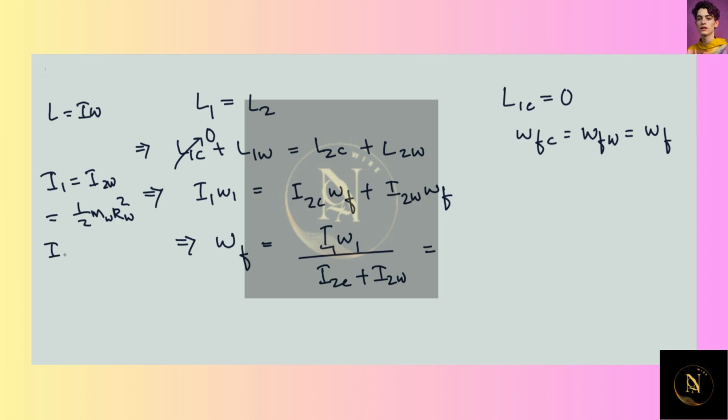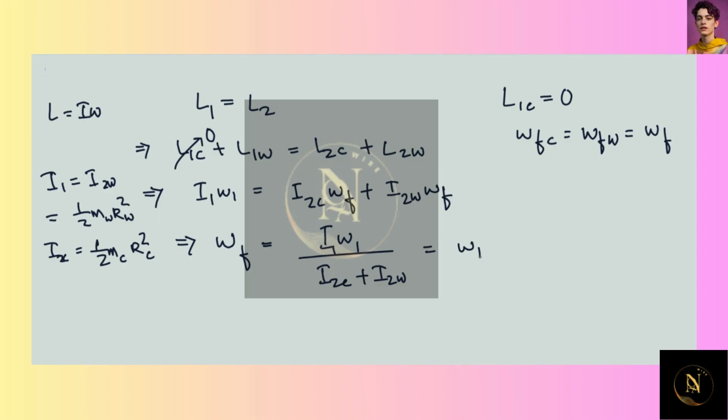And similarly for the clay, this is equal to half the mass of the clay times the square of the radius of the clay. So we write those expressions over here.